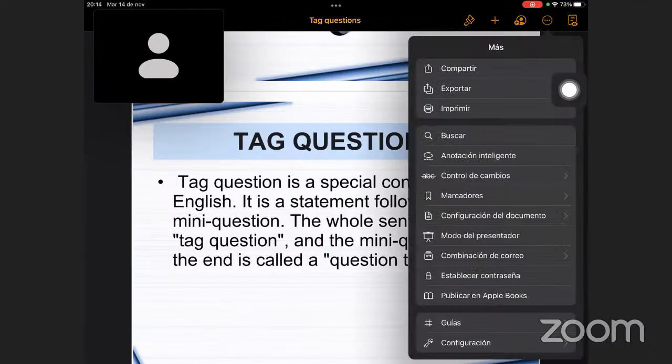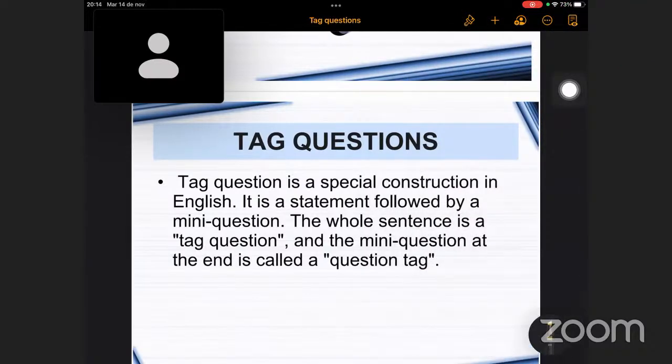The whole sentence is a tag question, and the mini question at the end is called a question tag. Or tag question, exactly. Good.